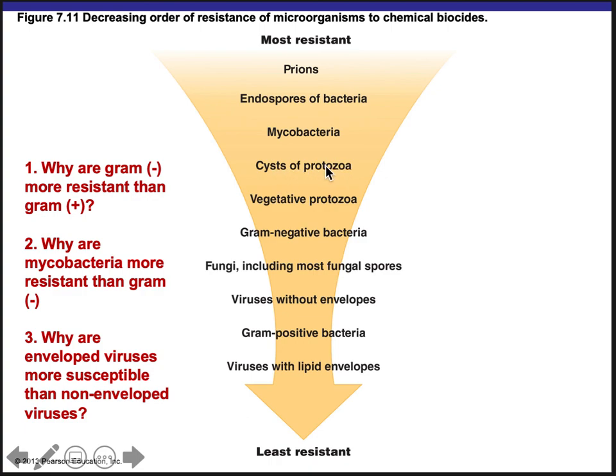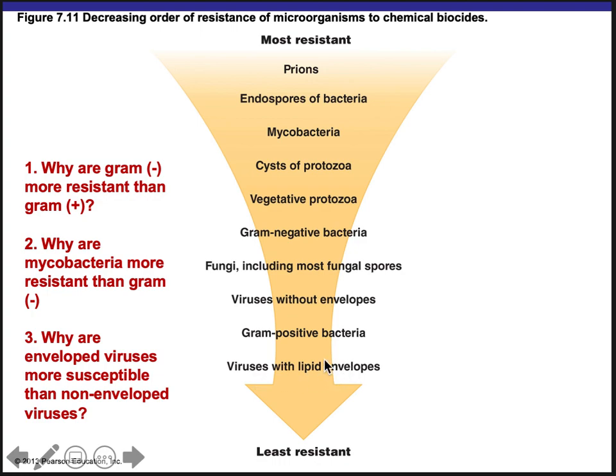A cyst is going to be more resistant than the vegetative growing form, but those are both still more resistant than gram-negative. Gram-negative tends to be more resistant than most of our fungi, and then we have viruses without envelopes, and then we have gram-positive, and then viruses with envelopes.